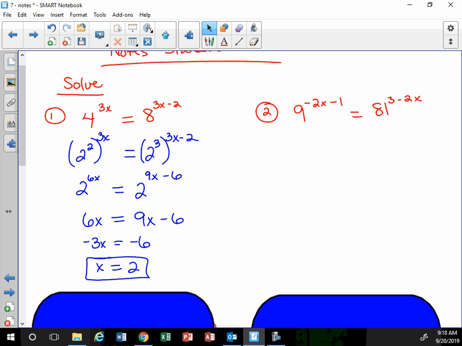What base do you guys want to use? 3. Did anybody use 9? Yeah, 9 is fine. 3 is fine. You'll get the same answer either way. And it's okay to get weird fractions as your answers.